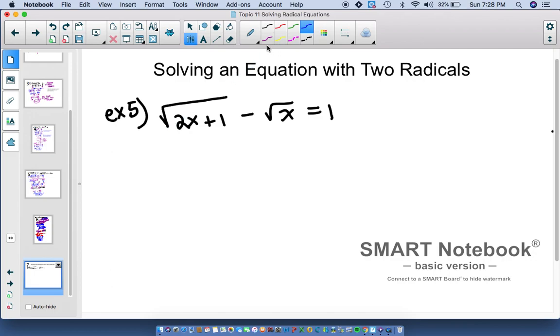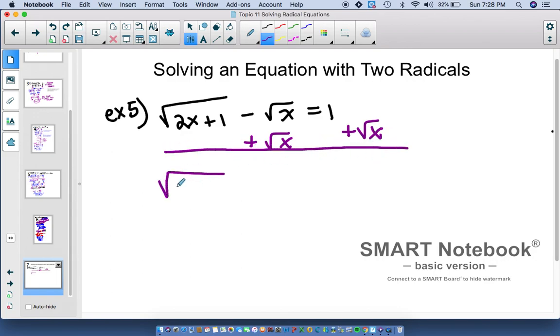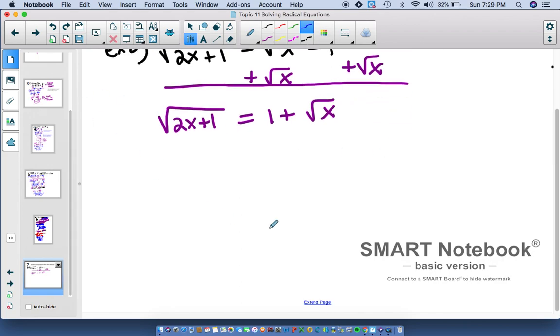So if we wanted to do that, we would have to add square root of x to both sides. Okay, so this is square root of 2x plus 1 equals 1 plus square root of x. All right. Okay, so I know that this is not isolated square root of x, but at least this one is.